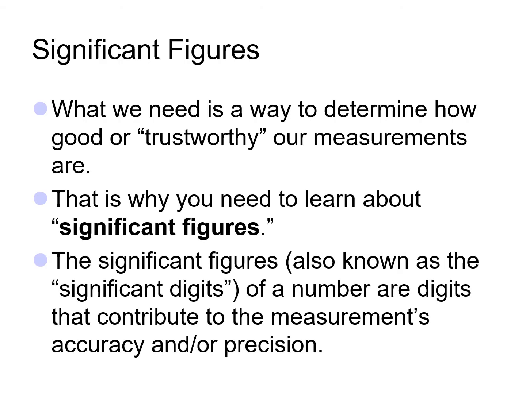If you know about significant figures, or significant digits as we sometimes call them, then you understand that what it refers to are digits that contribute to the actual accuracy or precision of a measurement and or the answer to a calculation involving those measurements.